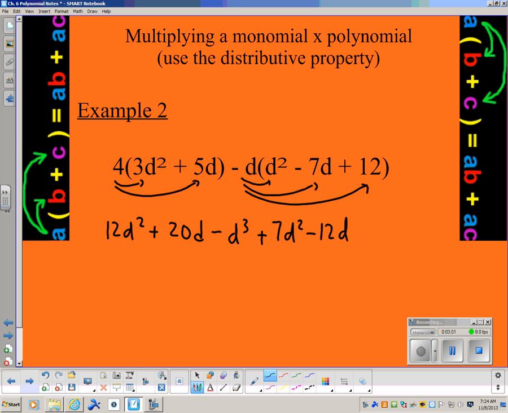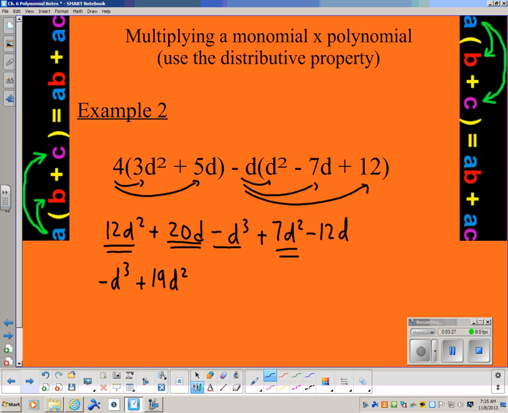And now that we've got everything distributed through, we can go ahead and combine our like terms. I'm going to look for the highest power of d here, and it's right here. It's negative d to the third, so I'm going to write it first. And then I've got 12d squared next. So 12d squared plus 7d squared gives us 19d squared. Combining our like terms now through addition and subtraction here.